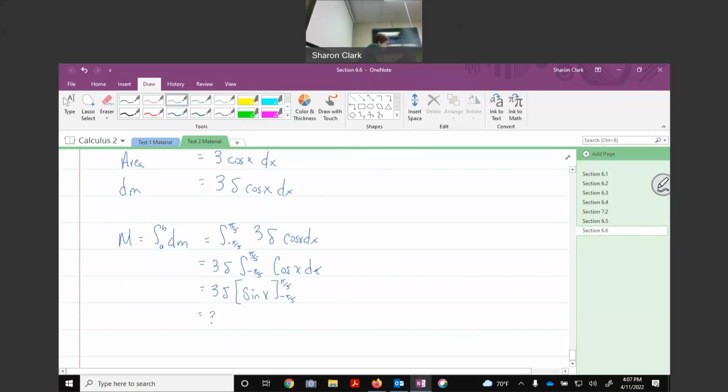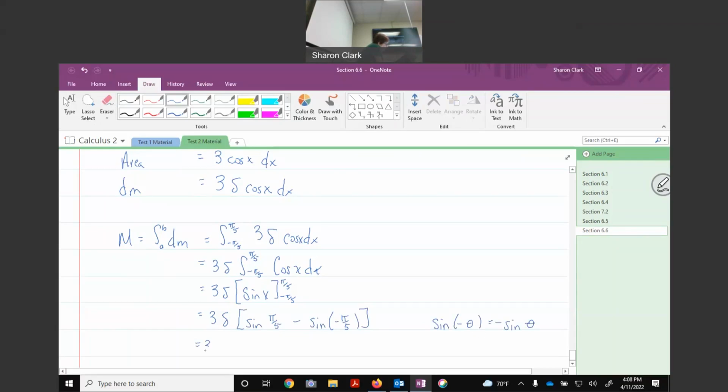So that's 3 delta times sine of pi over 5 minus sine of negative pi over 5. Now remember that sine of negative theta equals negative sine theta.